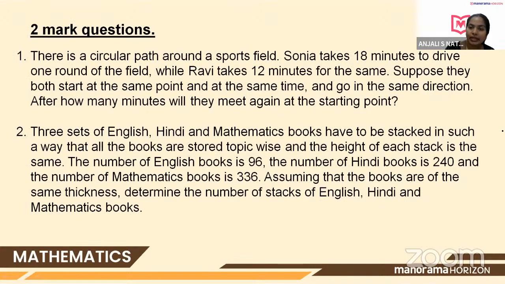3 sets of English, Hindi, Maths books have to be stacked in such a way that all the books are stored topic-wise and the height of each stack is the same. The number of English books is 96, Hindi books is 240, and Maths books is 336. Assume that books are of the same thickness. Determine the number of stacks of English, Hindi, and Maths books. So this is an arrangement, right?